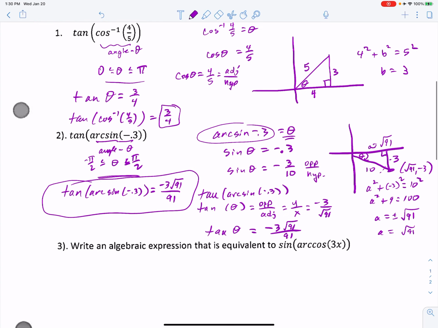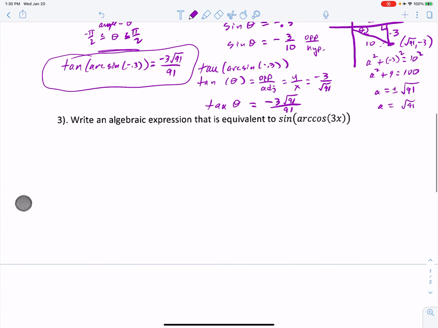All right, and then we have write an algebraic expression that's equivalent to the sine of the arc cosine of 3x. So we have that arc cosine of 3x, and if I let that just be my angle, that means the cosine of the angle is coming out to 3x.